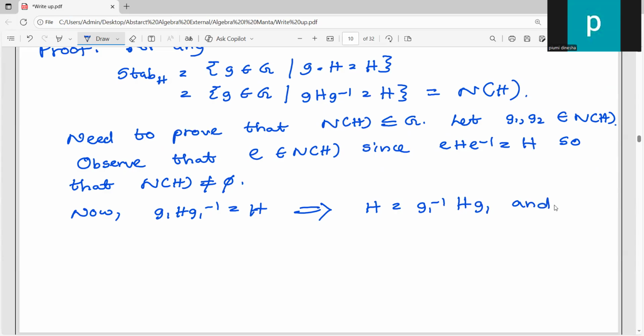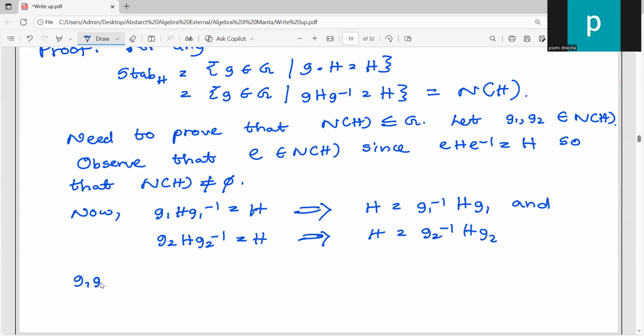And because G2 is also in the normalizer, we've got G2 H G2 inverse equal to H. Now we have to show that G1 G2 inverse is in the normalizer of H. This also implies that H is equal to G2 inverse H G2, right?